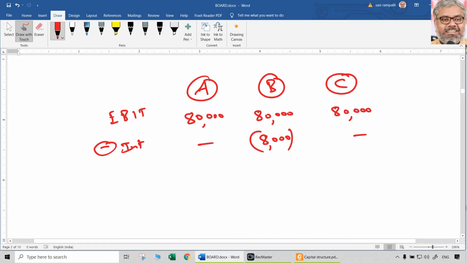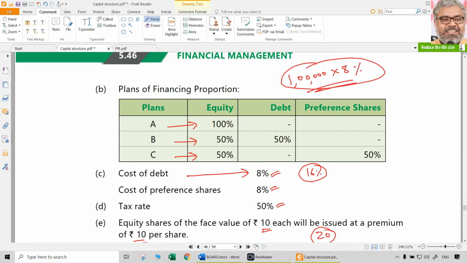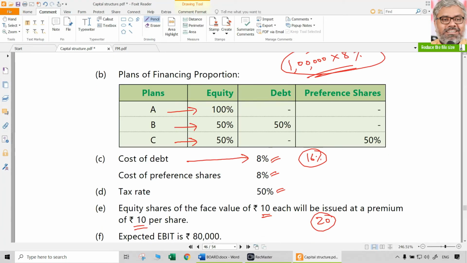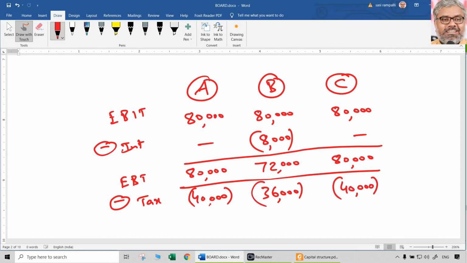Then what will be EBT? Same in plans A and C. Here it will be 72,000. Then you have tax. That is 50% tax rate means 40,000, 36,000, 40,000.